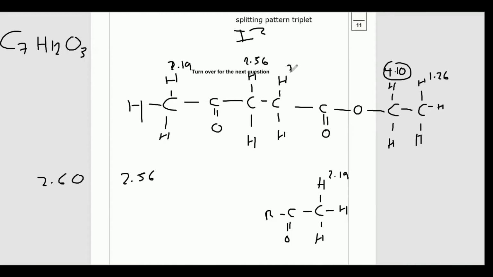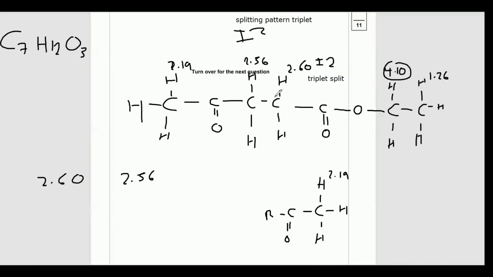And that all makes sense. Now, if I say this is the 2.60 hydrogen, again, it says it's connected to a carbonyl. That makes sense. Look, there's a carbonyl group there. So that makes perfect sense. And it had an integration value or ratio of 2, 2 hydrogens in its environment. And it also gave a triplet splitting pattern. And what does the triplet split say?